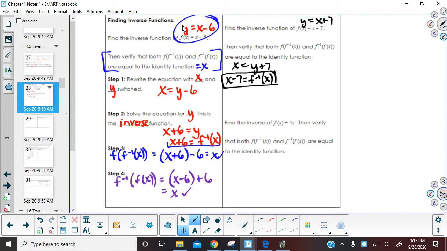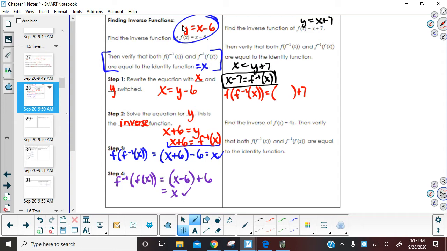Notice that it does ask us to verify. So when we go to verify, we can do f of the inverse. Again, we're going to plug the inverse into my original equation. My original was x plus 7.